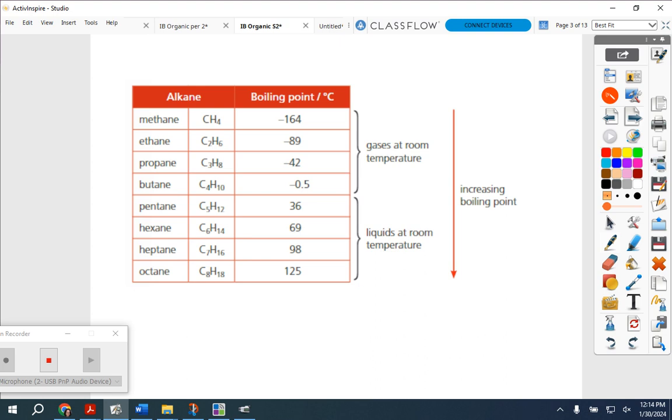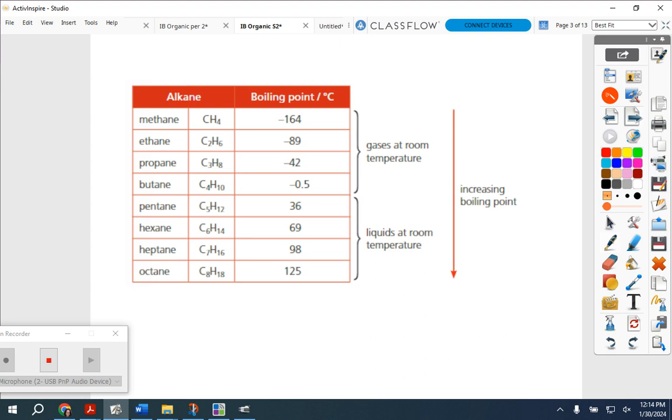So it's pretty much a gas under almost all conditions. That's not super far from absolute zero. But that boiling point increases as we get longer and longer. We'll talk a little bit more about that later this week.